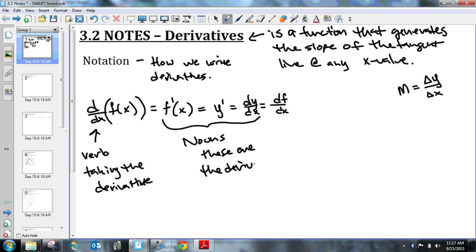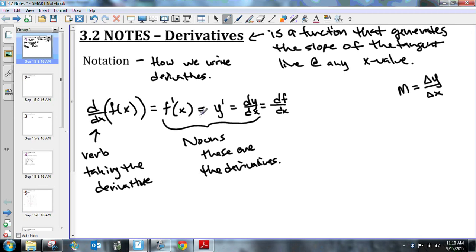Now, one of the things is this term dy dx, okay? Remember when I wrote out here that slope is equal to the change in y divided by the change in x, delta y over delta x? The d kind of means the same thing. dy dx, all right? So all of these are different ways of writing the derivative.